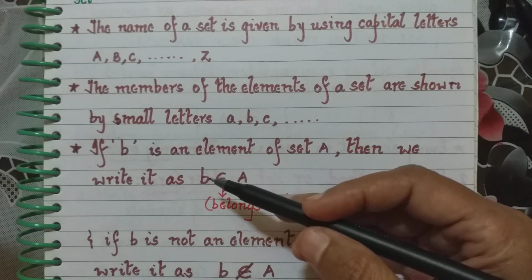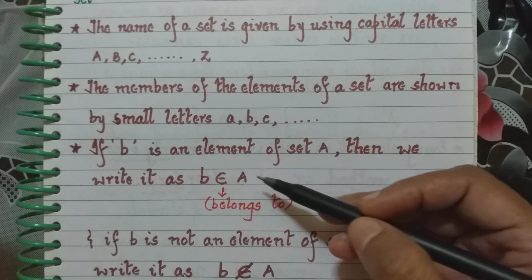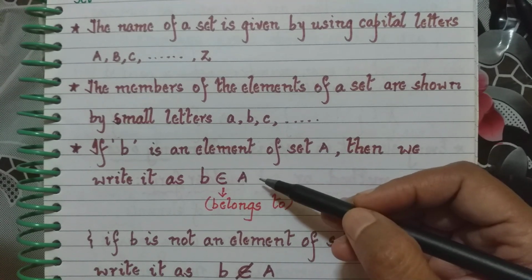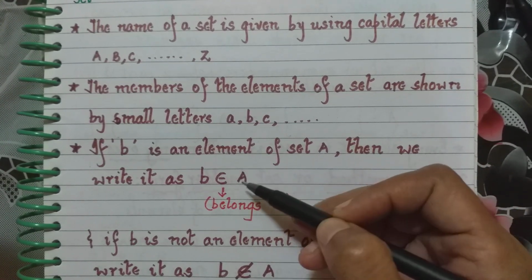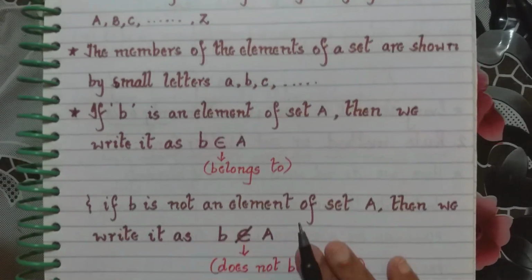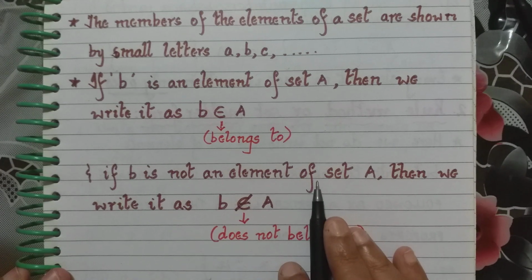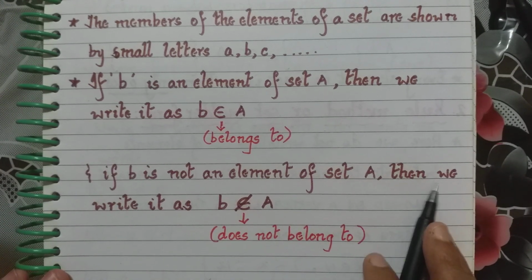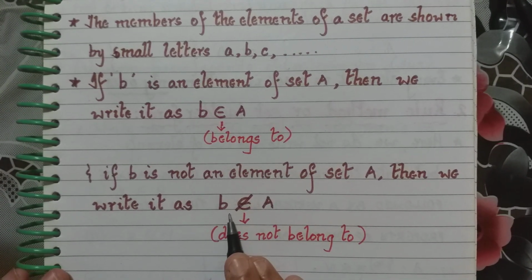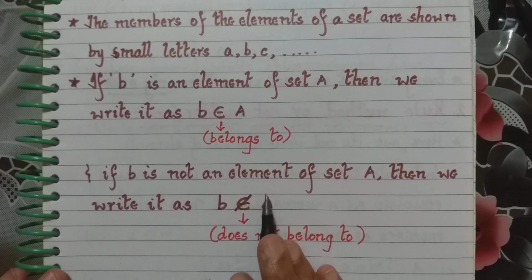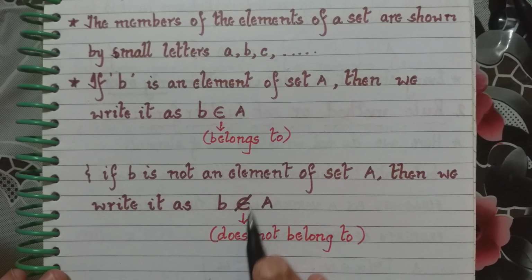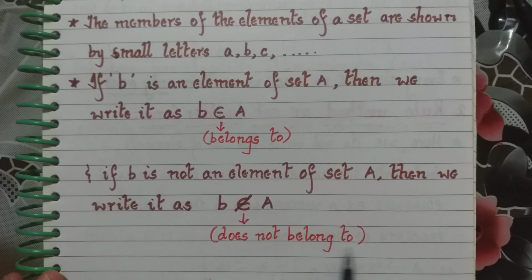So just like that, b belongs to A here, and if b does not belong to A, we put belongs to and cut it. So that is written here. And if b is not an element of set A, then we write it as b does not belong to set A. So this symbol is does not belong to.